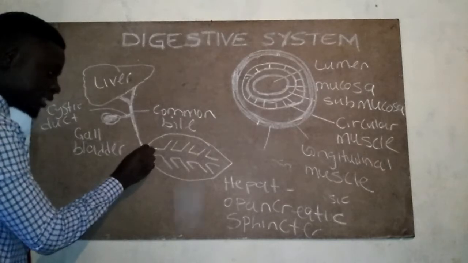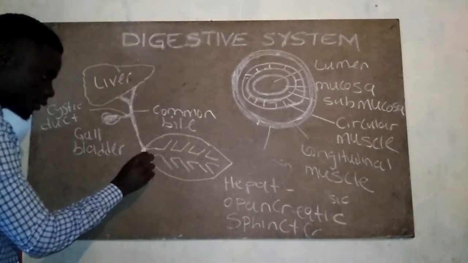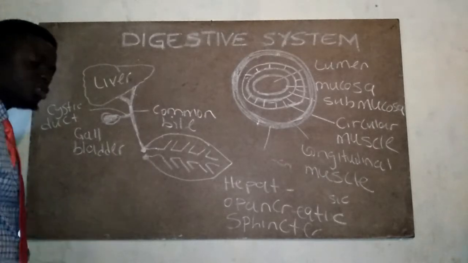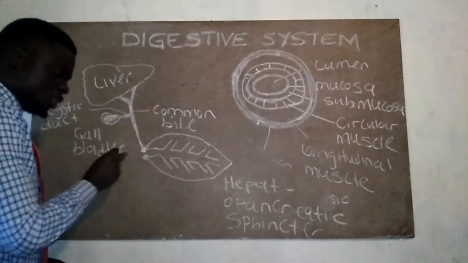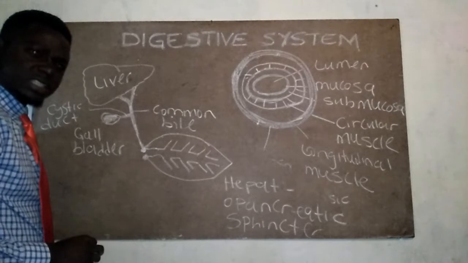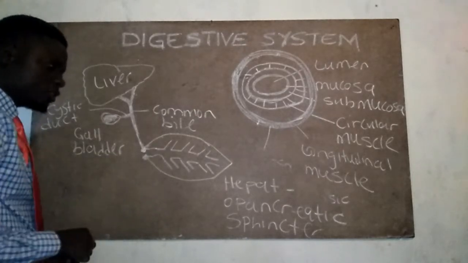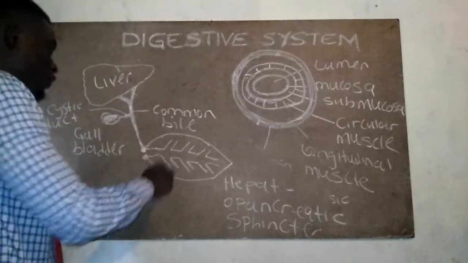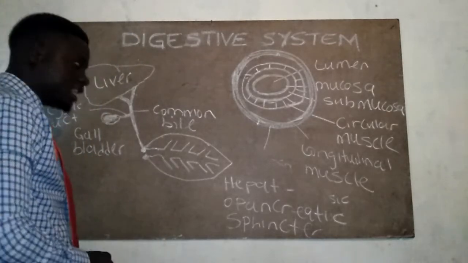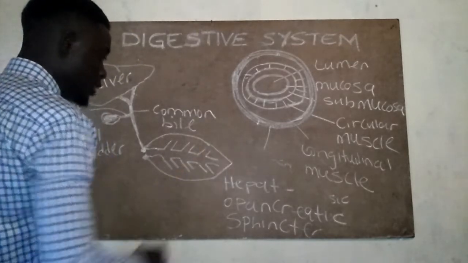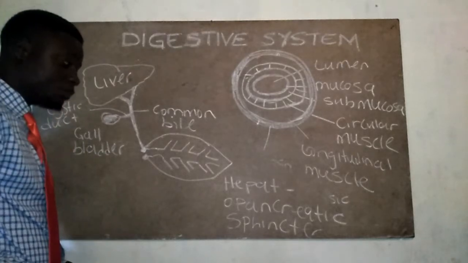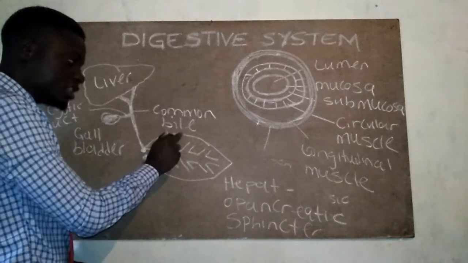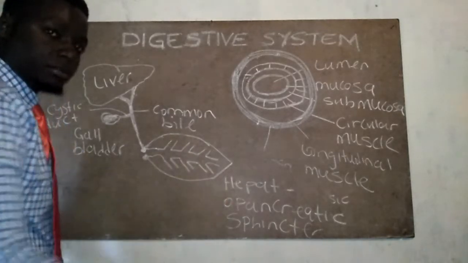This is the sphincter. It's going to stop or control the coming in of some substances and going out. It's going to control the amount of the secretions from both the liver and the pancreas, because this is the pancreas, and the pancreas is described as an organ with the head. So this is the head of the pancreas, and this is the body, and this is the tail.